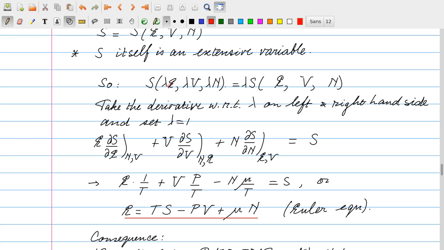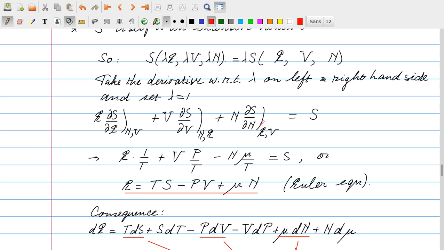I set lambda equal to 1, so it's really E times dS/dE. For this term we get the same, V times dS/dV, and for the last term N times dS/dN. On the right hand side there is only a lambda in front of the S, so that drops out when taking derivatives, and I have this relation.